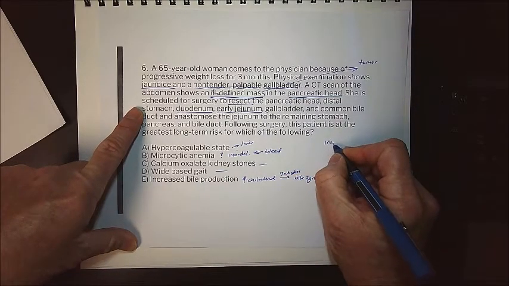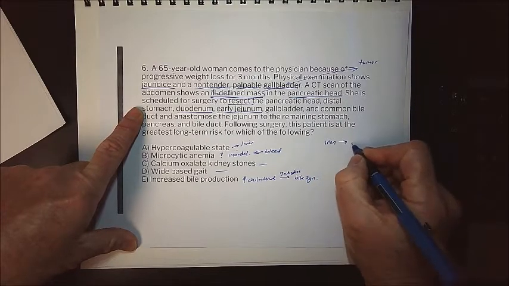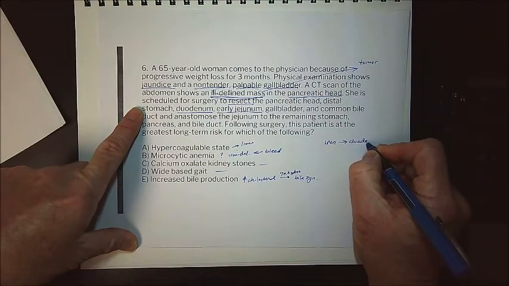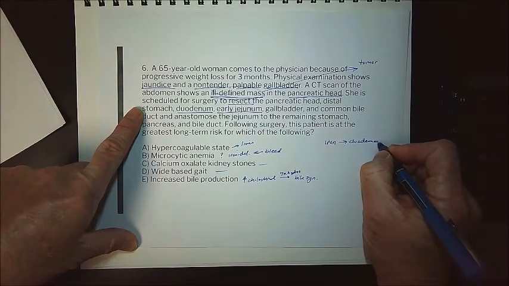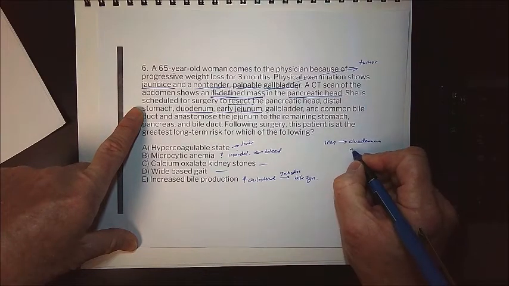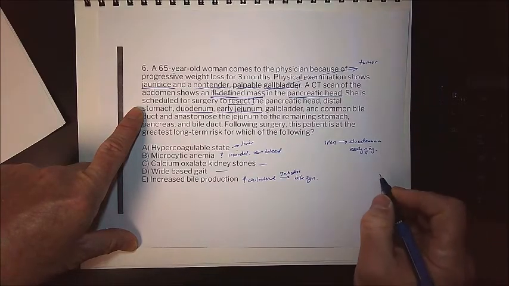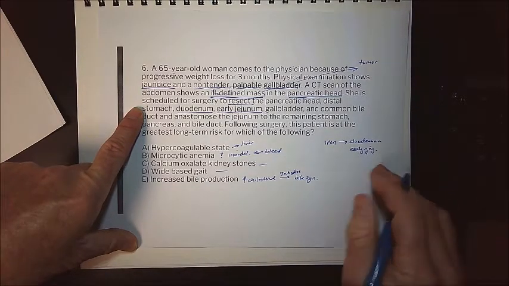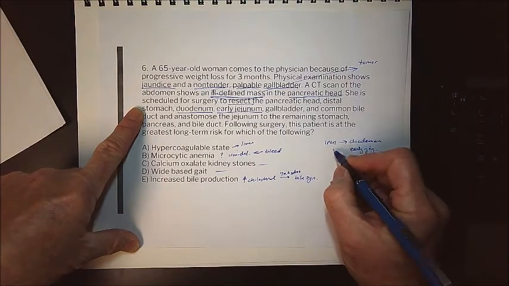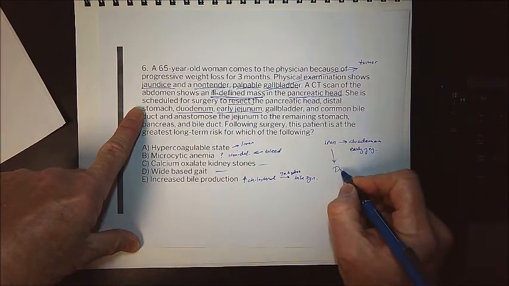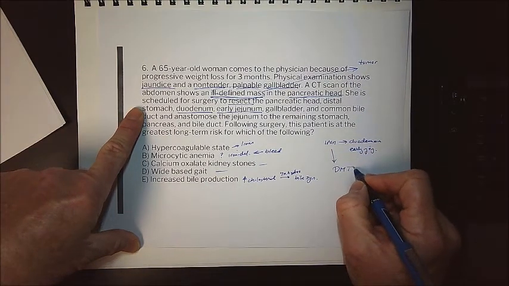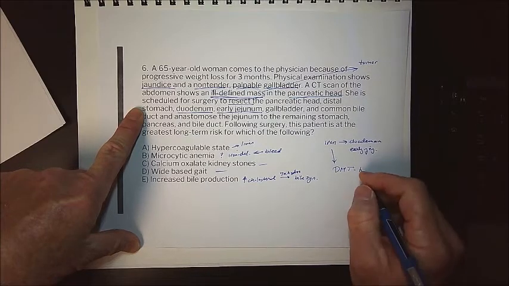So iron, the transporter, is primarily in the duodenum and early jejunum. Okay, so remember this iron transporter? This is primarily the divalent metal transporter 1, DMT1.